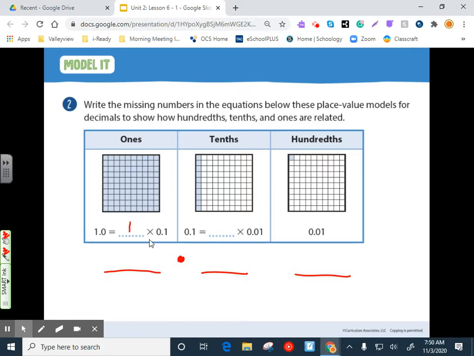So if we multiply 10 times 0.1, that would move our digit one place to the left and give us 1. If we were going to do 10 times 100ths, that would move our 1 over to the left. And then we've got our hundredths here, just to show how they're all related.